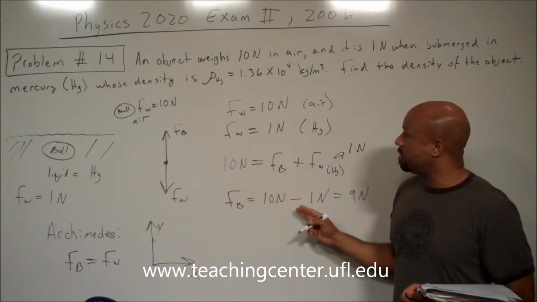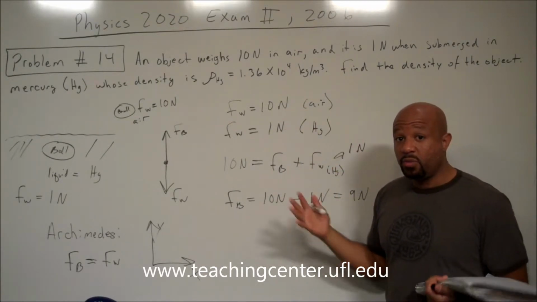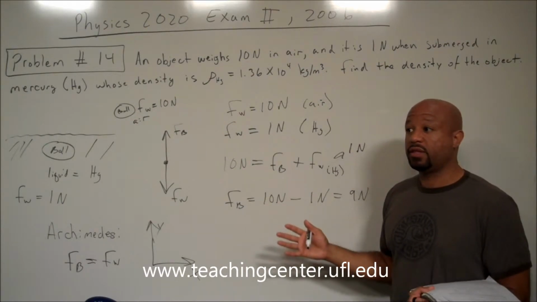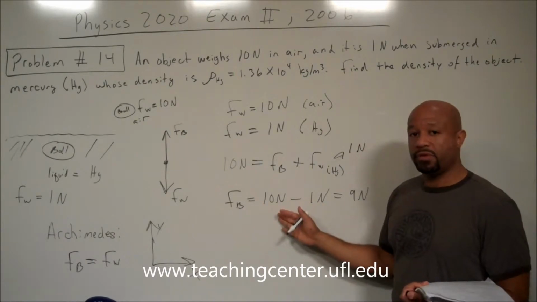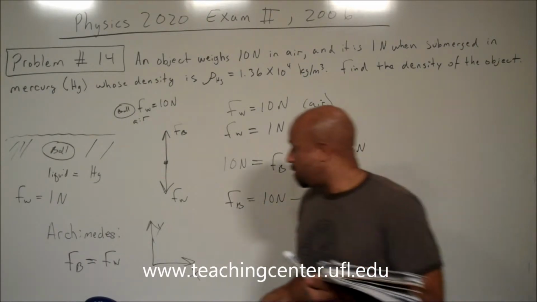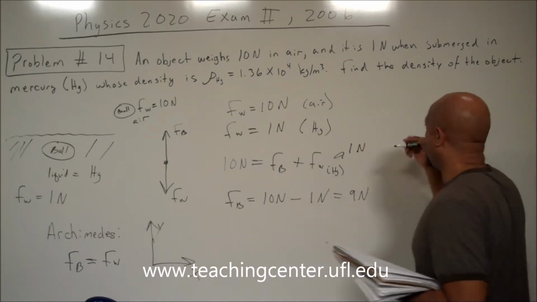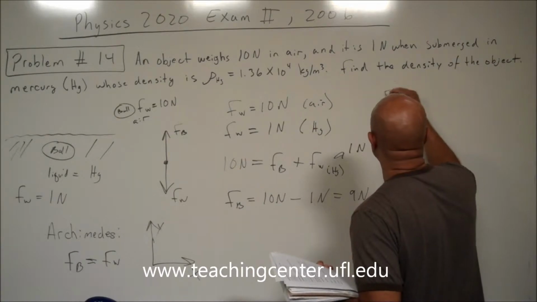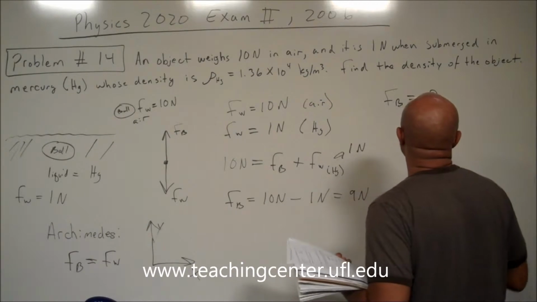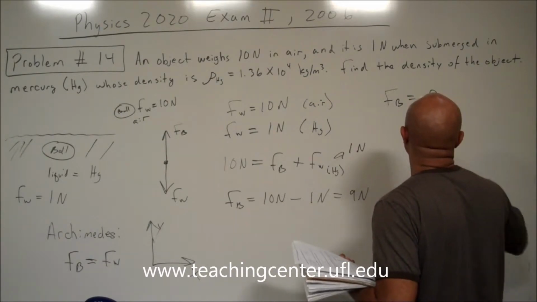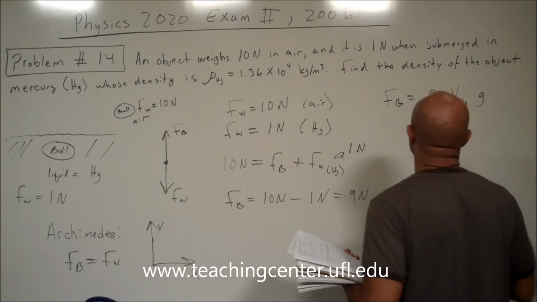Okay, and we got that because we know the weight of the object is 10 newtons in air, and it is still seen as 1 newton in the liquid, so that's a difference of 9 newtons that the liquid is applying onto the object, which is the buoyant force. Okay, so now that we know the buoyant force, we can relate that the buoyant force, using Archimedes' principle, is equal to the density of the liquid times the volume of the liquid times gravity.